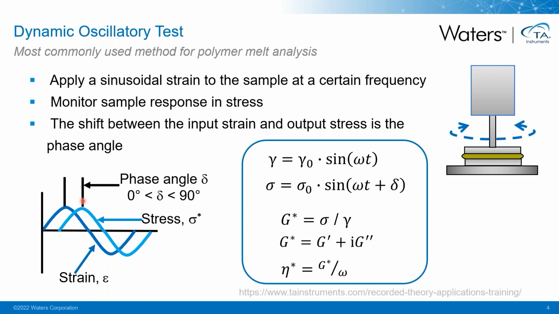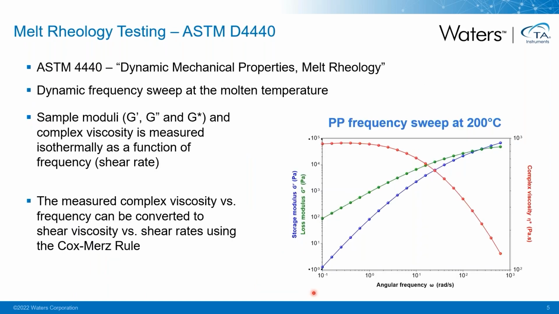From this oscillatory test, we can measure the viscoelastic properties of the material, which are described as modulus and complex viscosity. For polymer melt analysis, there is a specific ASTM standard, which is ASTM D4440.